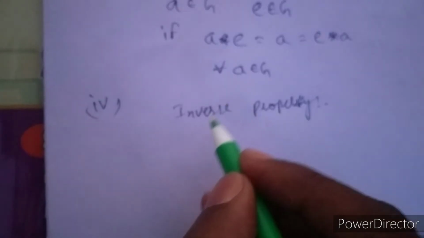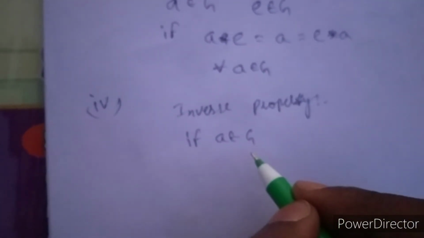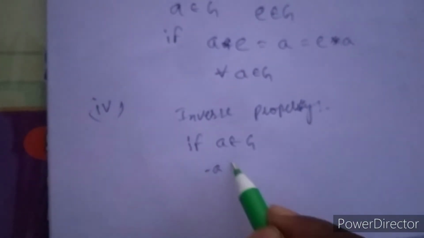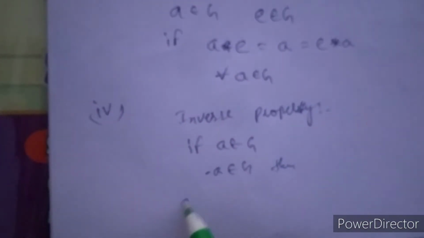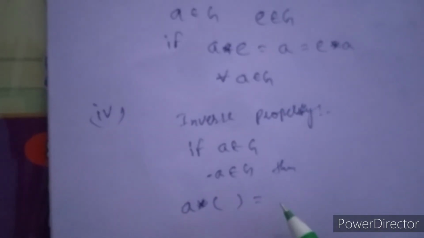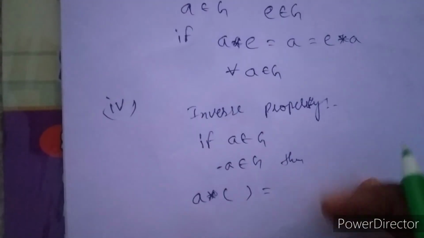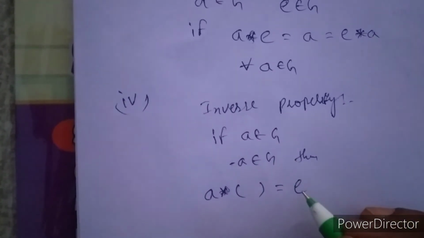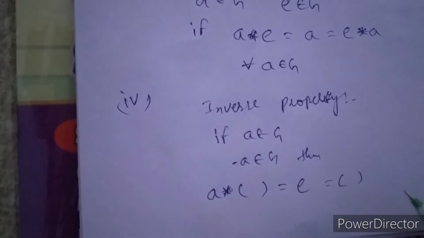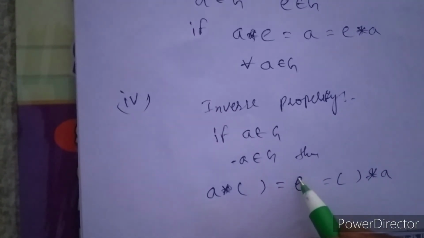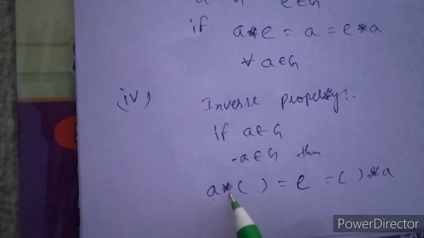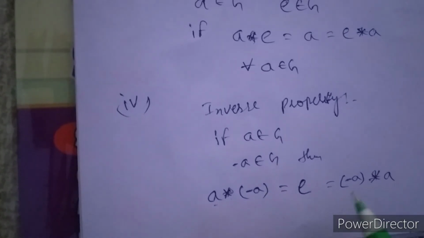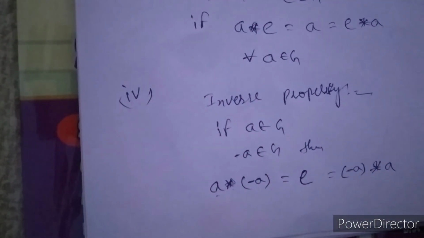If a belongs to G, and minus a belongs to G, then if we do a star (minus a) is equal to e, the identity element, which is equal to (minus a) star a, then this is called the inverse property.